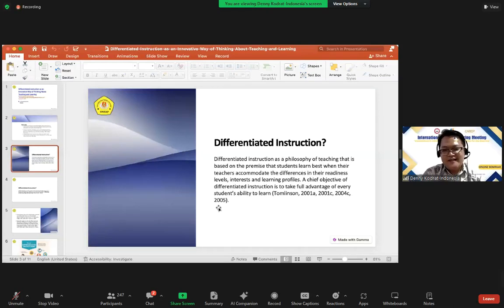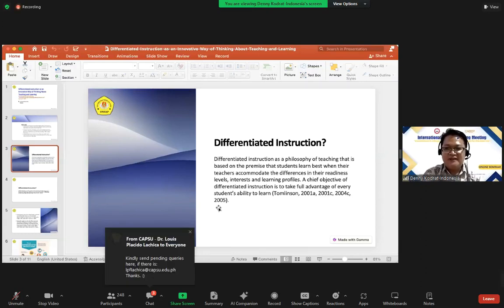Differentiated instruction is a philosophy of teaching based on the idea that students learn best when their teachers accommodate the differences in their readiness levels, interests, and learning profiles. The chief objective of differentiated instruction is to take full advantage of every student's ability to learn.